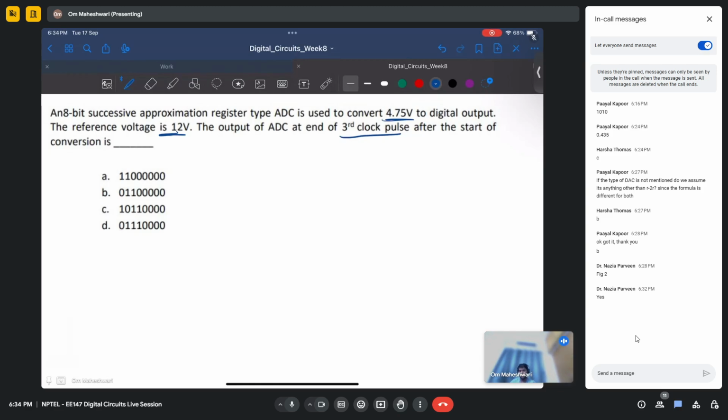So what you have is a successive approximation register type ADC. And successive approximation means you approximate the answer in each clock cycle.